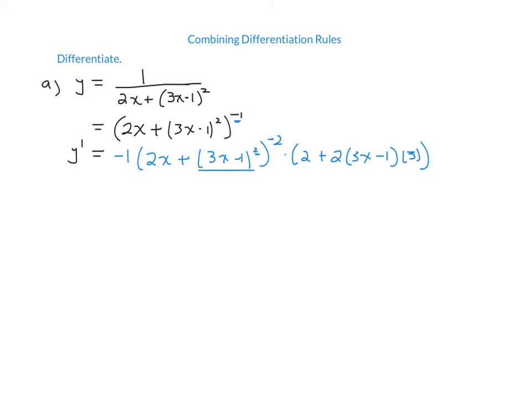Okay, so now we're going to expand and simplify here a little bit. Not tons, but a little bit. So on the top, we are going to have that negative 1. This is going to slide down to the bottom because it has an exponent of negative 2 on it now.